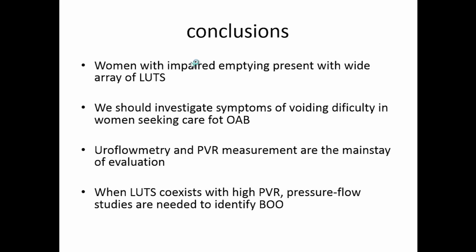A significant number of them have voiding symptoms, and the voiding dysfunction may be the cause of the overactive bladder. Uroflowmetry and postvoid residual measurement are the mainstay of the initial evaluation, very important in screening patients for voiding dysfunction. And when these lead to suspicion with high postvoid residual, pressure flow studies are needed.